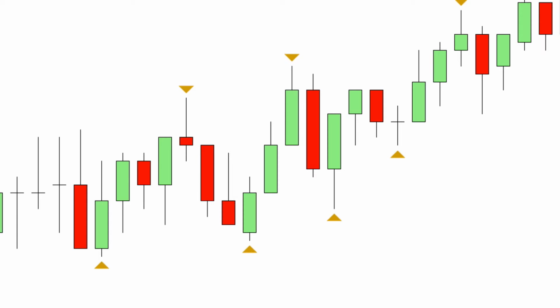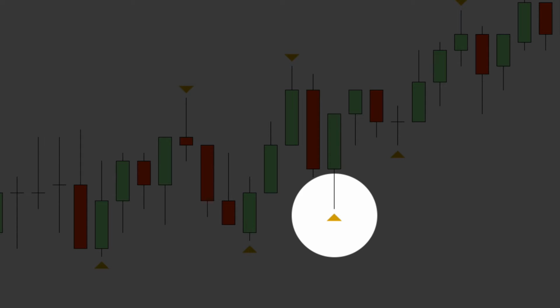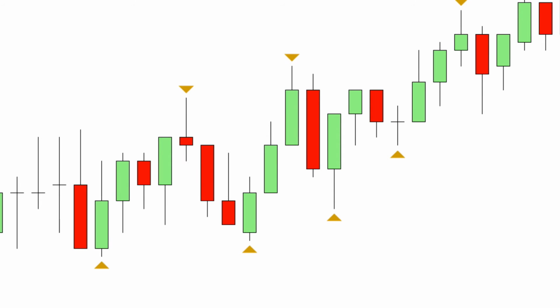What happens? We get a down candle followed by the green candle with the pivot low. Now the pivot low on that occasion is higher than the previous pivot low. So we've got a pivot low that's higher than the previous one, and we've also got a pivot high that is higher than the previous one. So we're starting to think that perhaps we could now be developing a trend in real time.